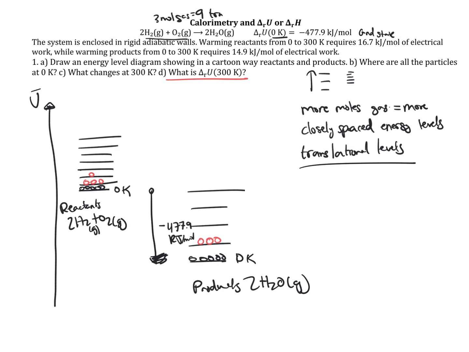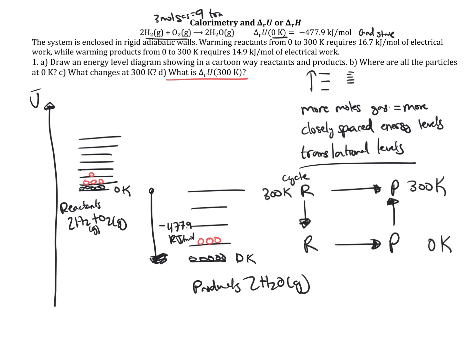We can think about this cycle, where what we want to figure out is the difference in energy at 300 Kelvin. So this is delta RU at 300 Kelvin. That's this process, and it's equal to the sum of: first, take the reactants from 300 to 0; then take reactants to products at 0, which is my delta RU at 0 Kelvin, which I know is negative 477.9; and then warm the products back to 300.